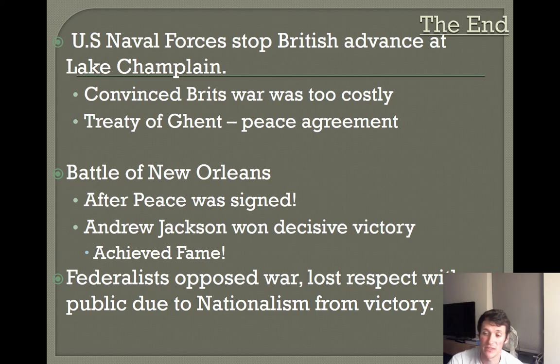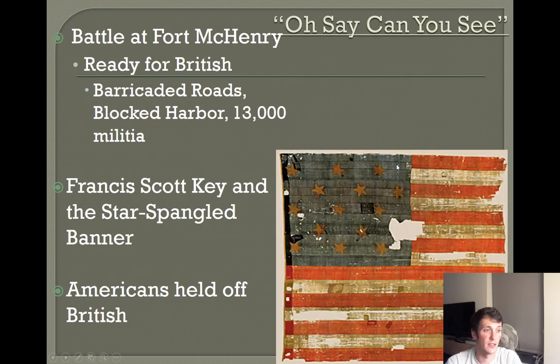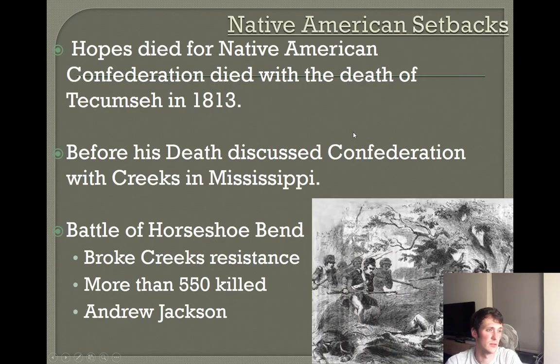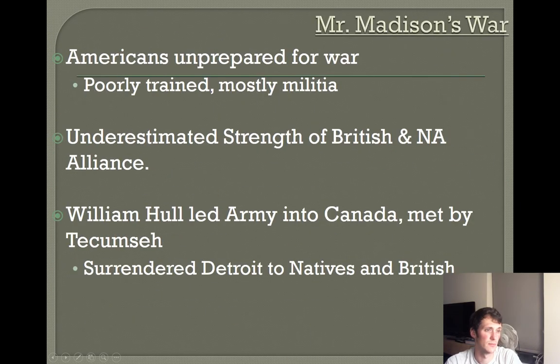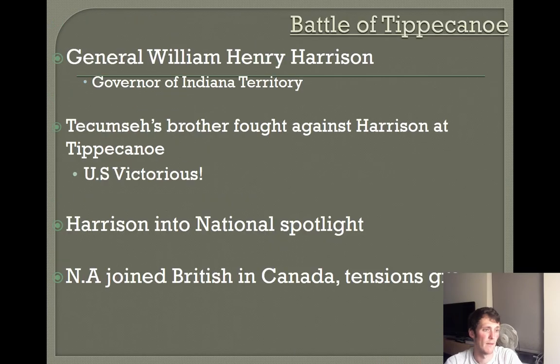So what's significant about the Battle of Tippecanoe? Let me go back. Tippecanoe is important because it's going to begin to hurt the Native American Confederacy, which was only continuing to grow stronger and stronger.